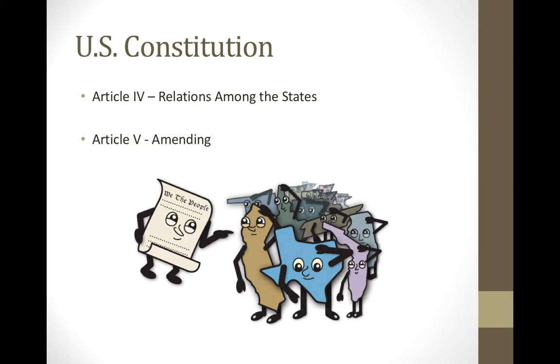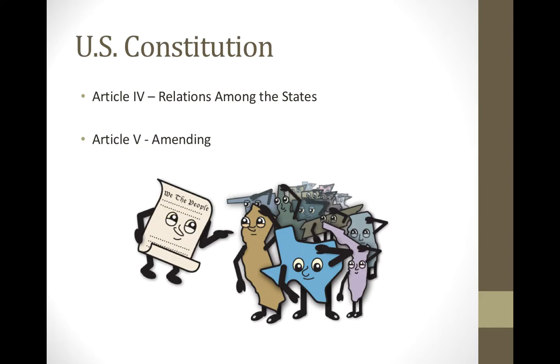So when the Founding Fathers wrote the Constitution, they realized it was very important to give some guidelines, some instructions on how the states would deal with each other. We will look at that in a lot greater detail, but for right now you just need to know the relationship among the states, how they relate to each other, how they deal with each other, is found in Article 4.